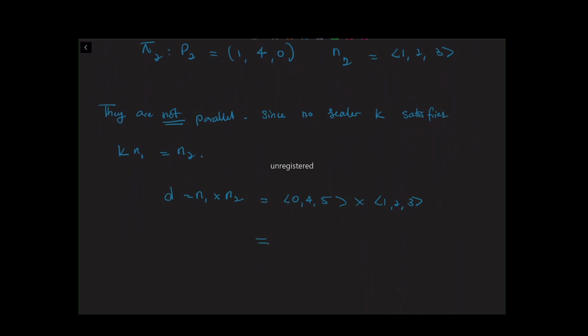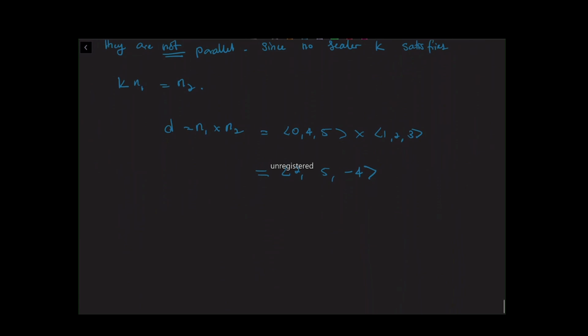That will give me 2, that'll give me 5, and that'll give me -4. So that's the direction vector for the line of intersection.